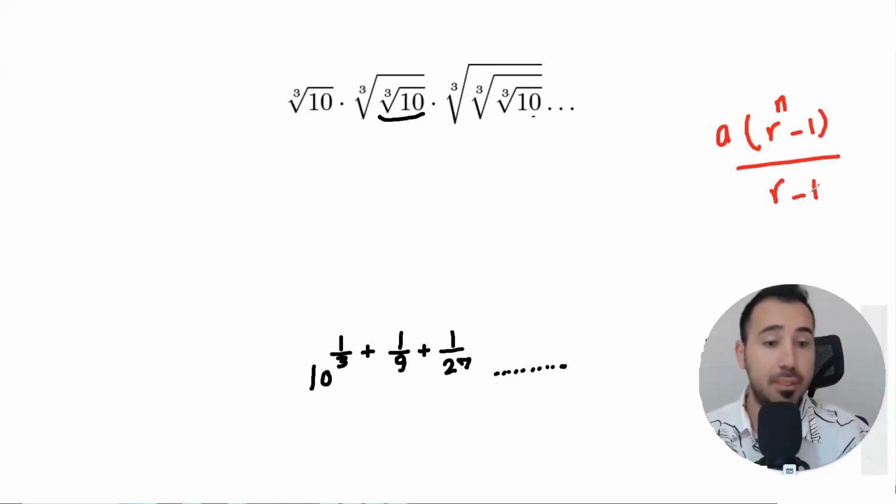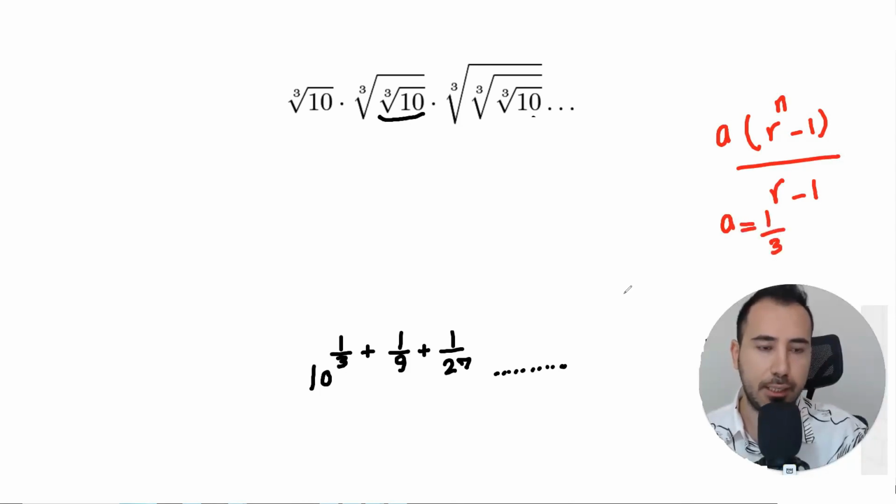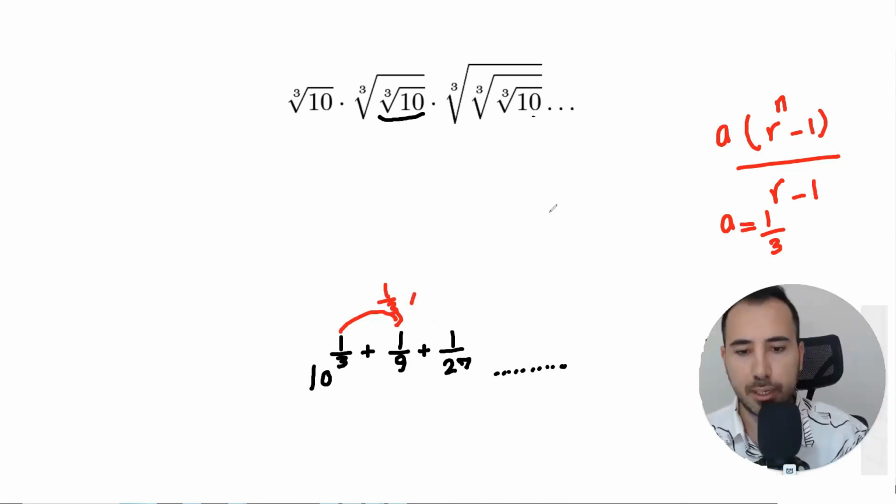But what is A? The first term, 1 over 3, is going to be A. And as you see, each term is being multiplied by another 1 over 3, and again this one, multiplied by another 1 over 3. So R, the ratio, is also 1 over 3.